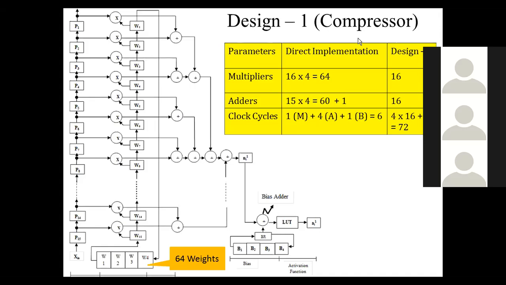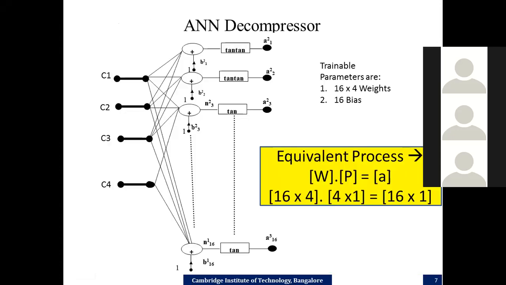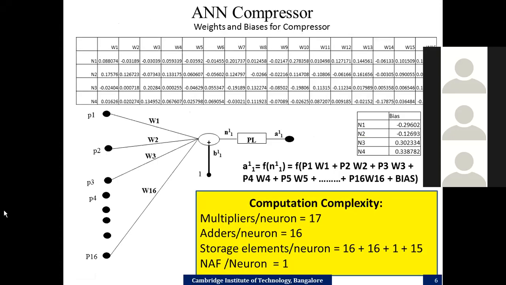So here in this method, what is being done is the following. To implement this neuron structure, for the first neuron, the input is P1 to P16. Even for the second neuron, the input remains P1 to P16. It doesn't change.